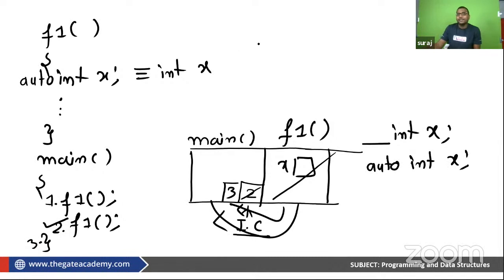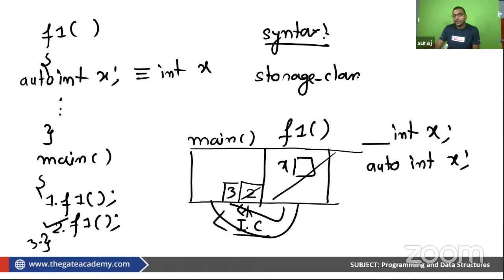So how is the syntax? First you write the storage class, then the data type, then the variable name. Most of the time you have seen that we are not writing the storage class for auto.